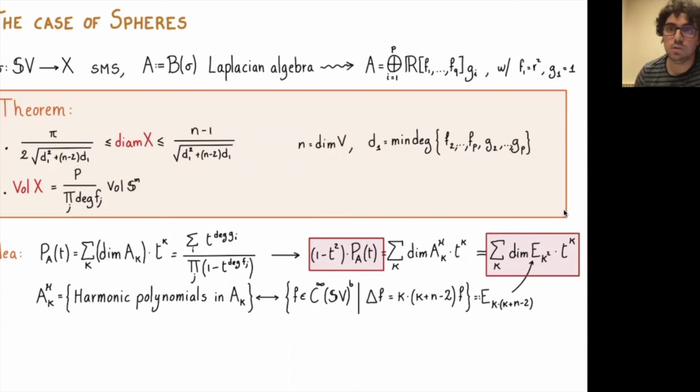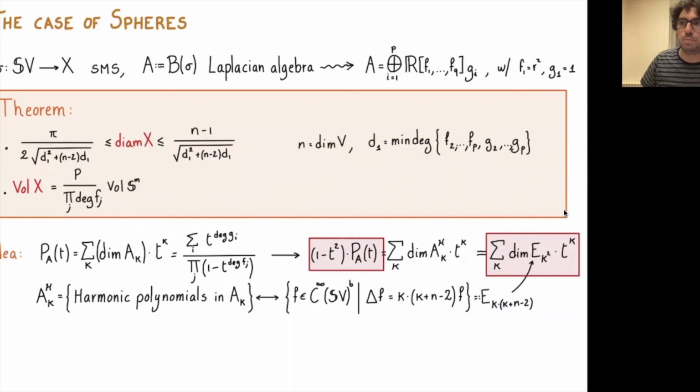So we're trying to find diameter bounds that are as independent of the dimension of the sphere as possible. It would be great to have a lower diameter bound depending only on the lowest degree of an invariant polynomial, of a basic polynomial.